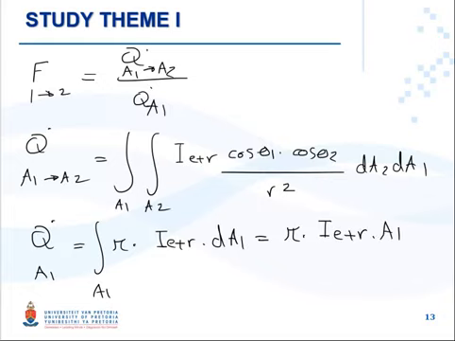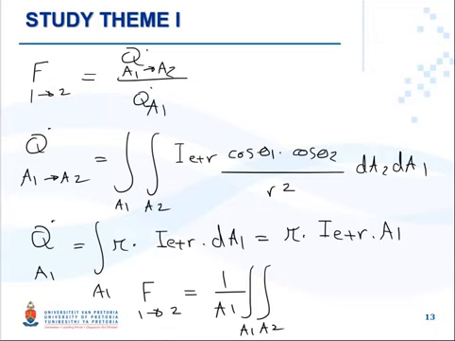So F1 to 2 is equal to 1 over A1 times the double integration over A1 A2 of cosine theta 1 cosine theta 2 divided by r² dA2 dA1.